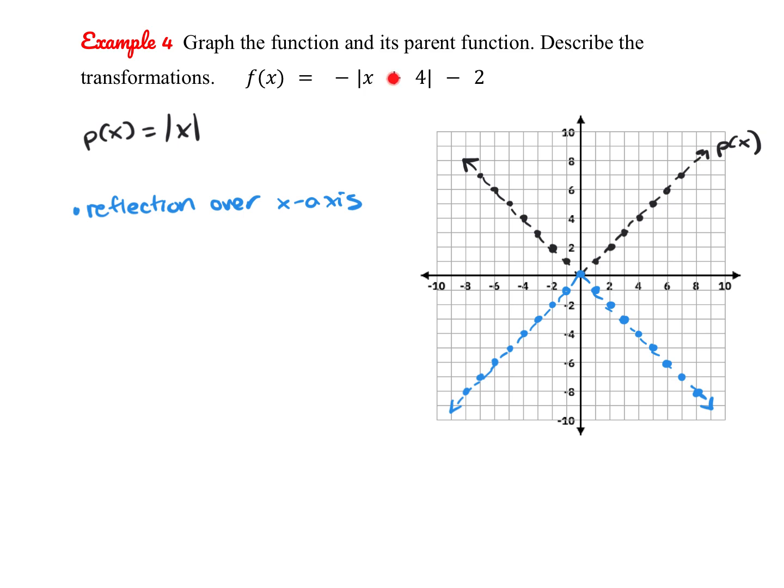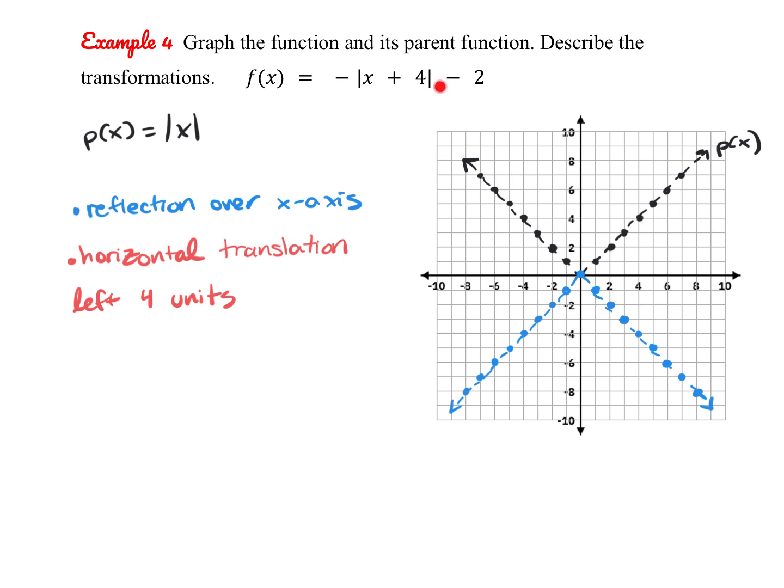And now I'm going to look at the addition and subtraction. So here I can see that I'm specifically adding 4 to x, making it a horizontal translation. And remember, that will go in the opposite direction that we think. So this is going to go left 4 units.